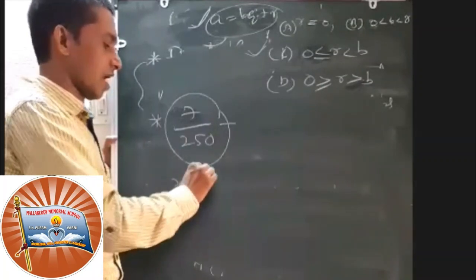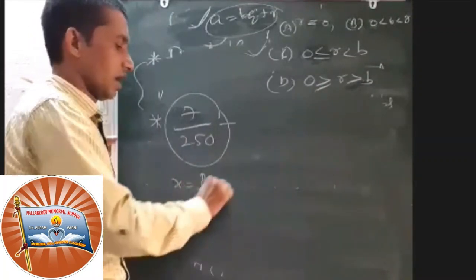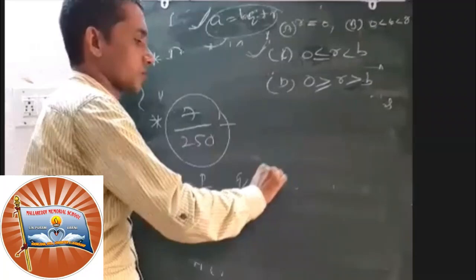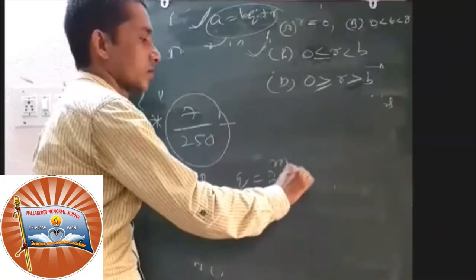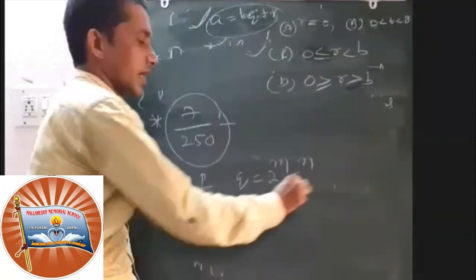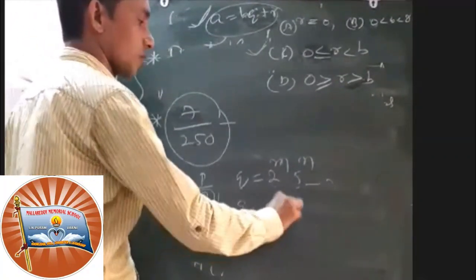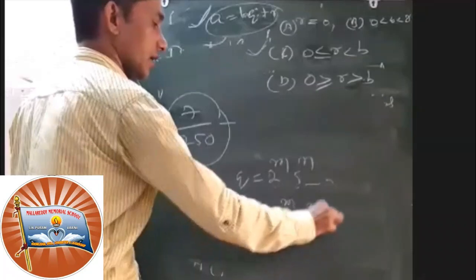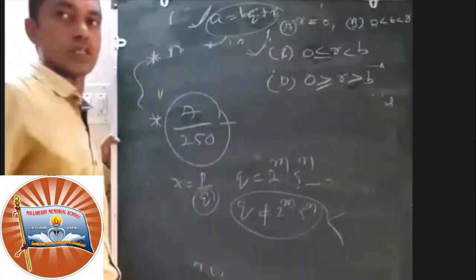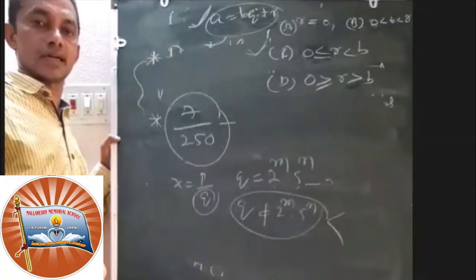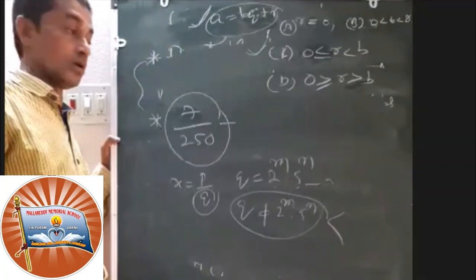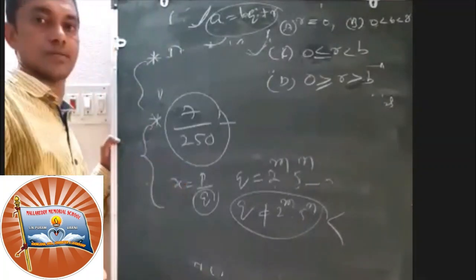If x is in the form of p by q, where q is in the form of 2 power m into 5 power n, then it is a terminating decimal. If q is not in the form of 2 power m and 5 power n, it is a non-terminating recurring decimal. Understand? So this is called a reasoning question.